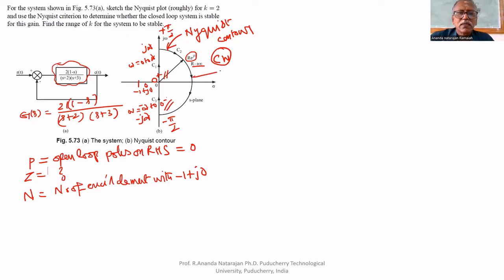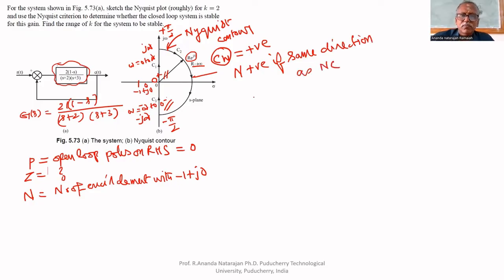Here, this Nyquist contour is in the clockwise direction. If you consider the same direction as the Nyquist contour, then N is positive. N is negative if it is opposite to the Nyquist contour, that is the anti-clockwise direction. This is the clockwise direction.